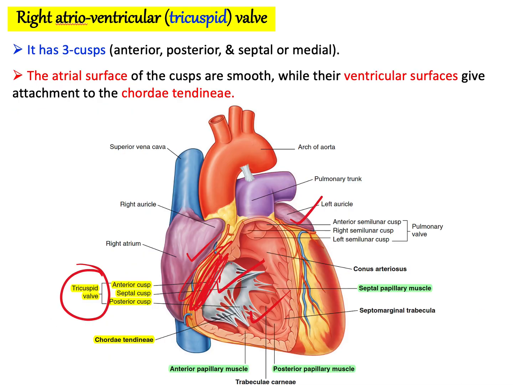But its ventricular surface has tendinous threads known as chordae tendineae that are attached to the tips of the papillary muscles in the right ventricle.